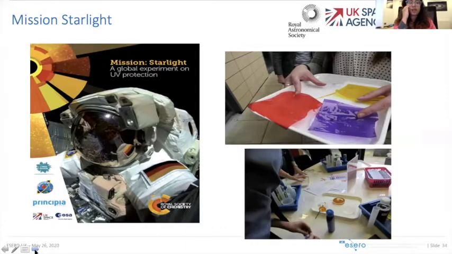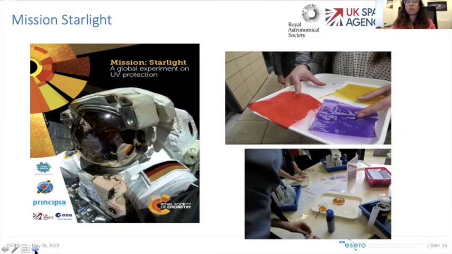And then you need to provide sun cream, and you shine a UV light onto the different materials and see how they react to UV light. And then you can smother them in sun cream and see that they don't react in the same way, because the sun cream does protect you from a certain amount of UV light. So it's bringing in chemistry, it's also space, but it's relatable to young people.